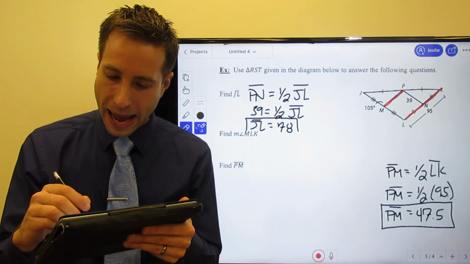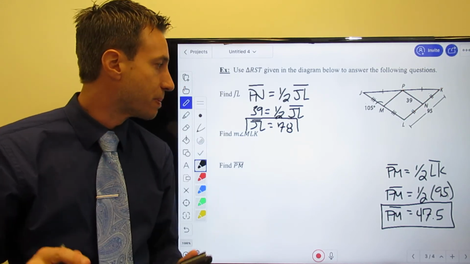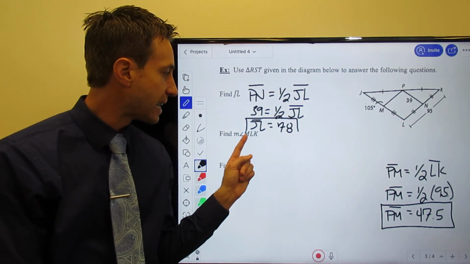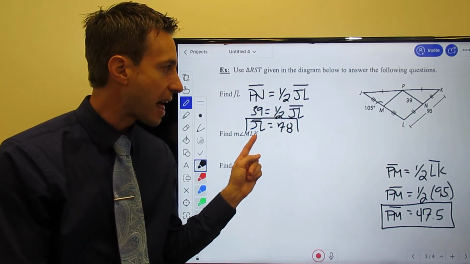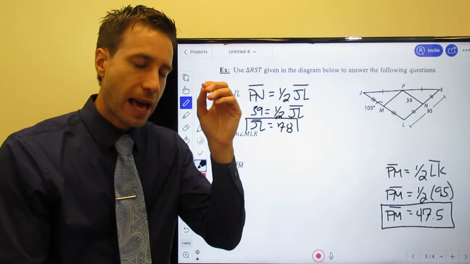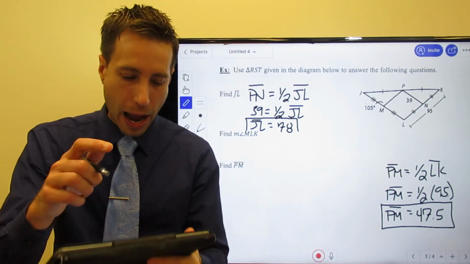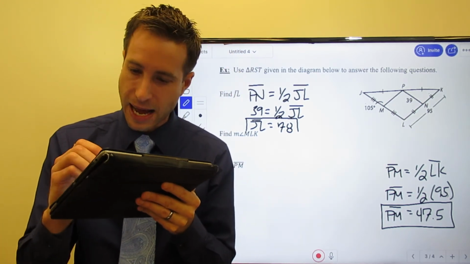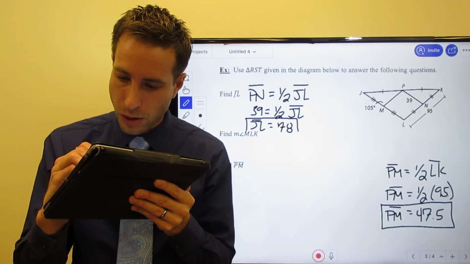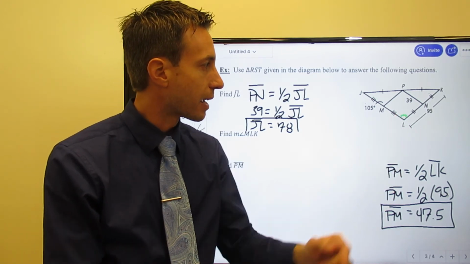All right, now let's go back because I've given you an angle. So let's go ahead and figure out what you're being asked to do here. I want you to find angle MLK. So I'm asking you to find this guy right here. I want to know what is that angle right there.